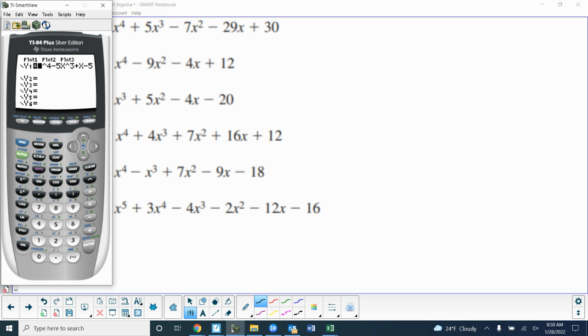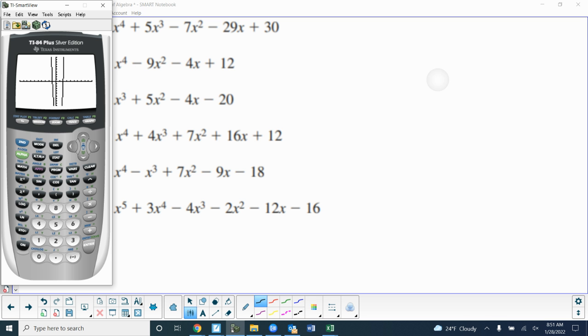So I already got the x to the 4th in there. Minus 1x cubed, right? Plus 7x squared minus 9x minus 18. All right, we're looking for 4. How many times does it cross or touch? Twice. Just twice. Looks like a -1 and a +2.